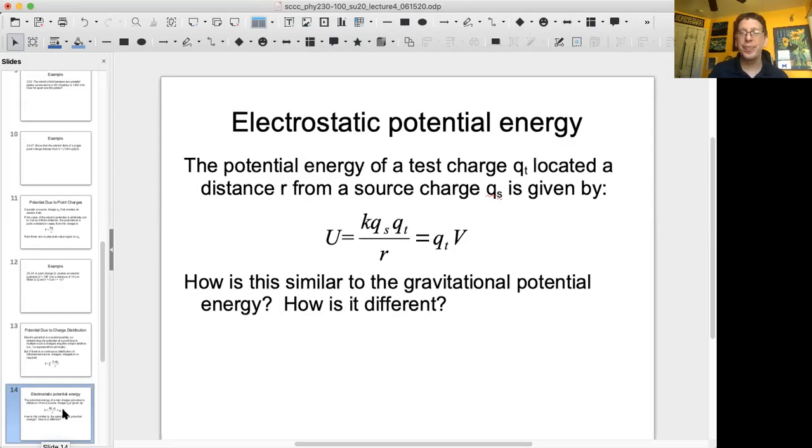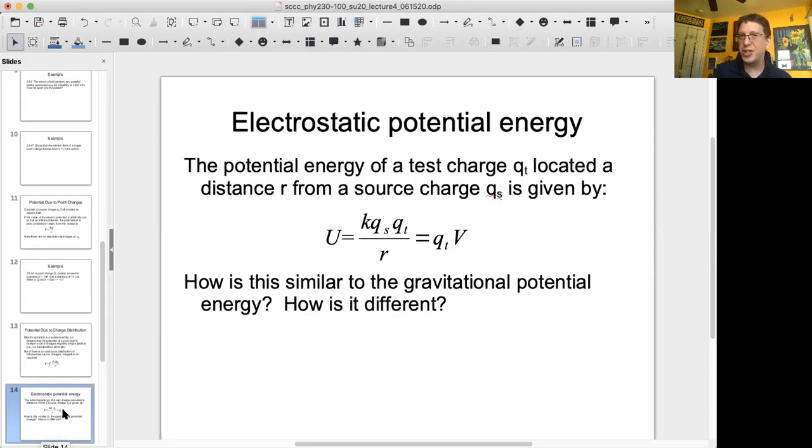If the two charges are the same, whether they're both positive or both negative, that product of the two charges is going to be positive, which means if you bring them closer together, they're going to gain potential energy. Whereas if one is positive and one is negative, then the potential energy is negative, so if you bring them closer together, you're going to lose potential energy.